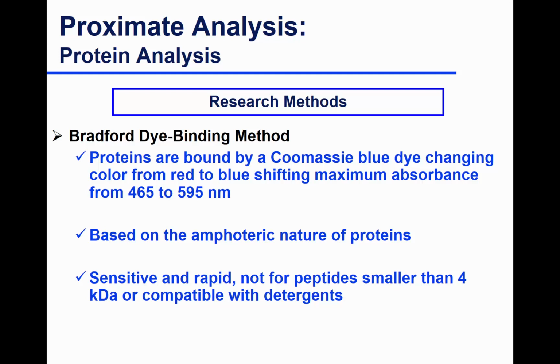It is very sensitive and rapid, but however, it's not for peptides smaller than 4 kilodaltons. If it's smaller than 4 kilodaltons, it might not react as well with your Coomassie blue. Again, you really need a calibration curve, so you will be plotting a calibration curve using bovine serum albumin as your standard protein.